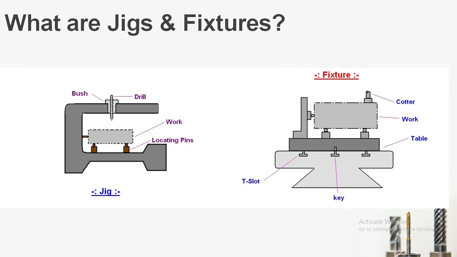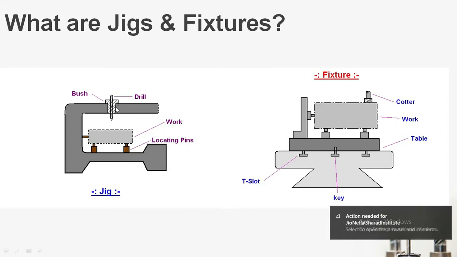Out of 12 degrees of freedom, 9 degrees of freedom are locked here, and the other 3 degrees of freedom are not restricted, because if those degrees of freedom are restricted then there may be a problem for the machining center, or simply you can say the tool, to get in contact with the workpiece. So here you can see in the left hand side, upper side, a plate is placed and a drilling bush or a jig plate is placed, where in the jig plate there is a bush.